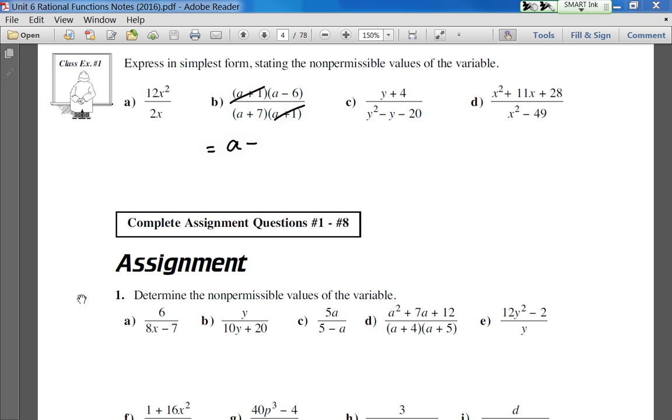Final answer, a minus 6 over a plus 7. You can put the brackets if you want. Put a little comma. So for which values is the denominator 0? A cannot be -7 and -1. Any questions about that?